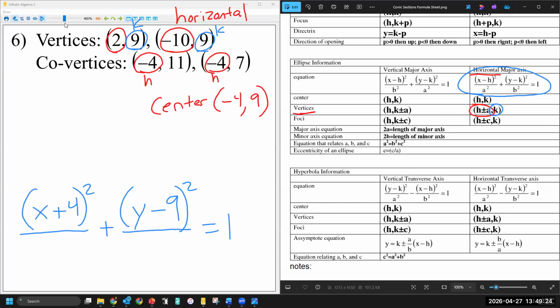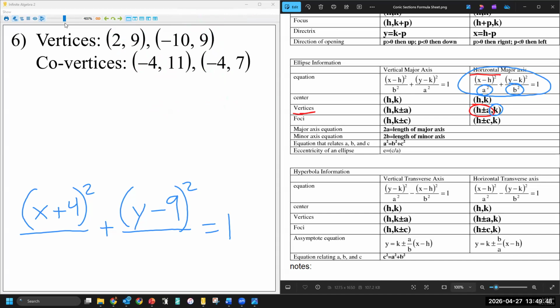I just need to get the bottom part, right? So I know that the a is going to go under the x, and the b has to go under the y, because I'm looking at my formula there. So let's figure out what a and b are. I'm going to move lots of stuff. So a is whatever I'm adding to k to get, oh, excuse me, back up.